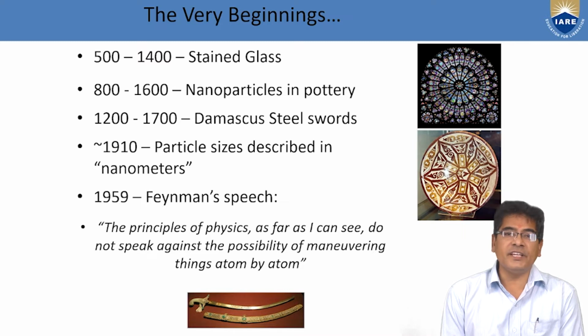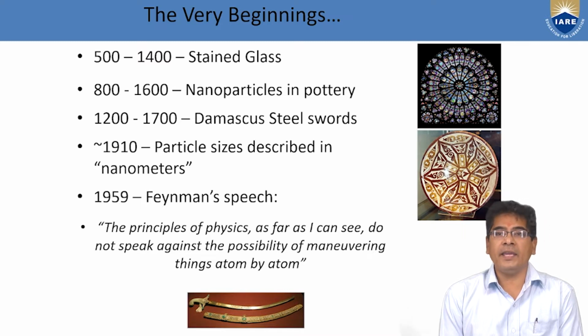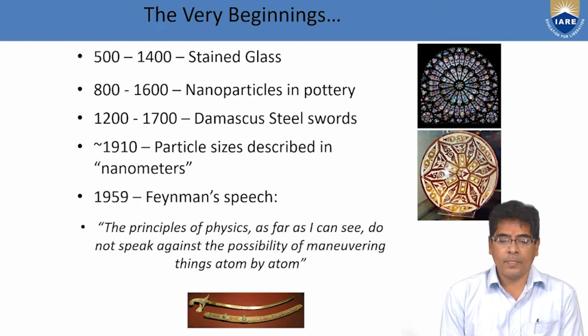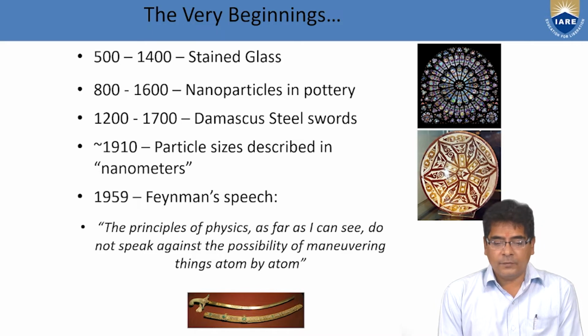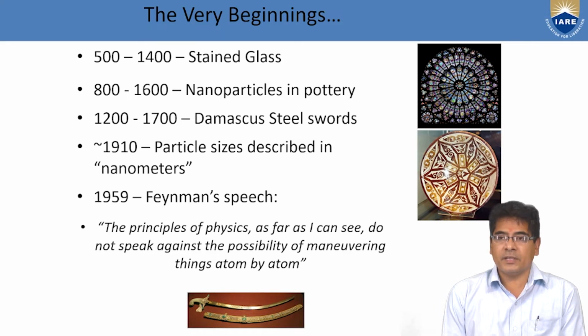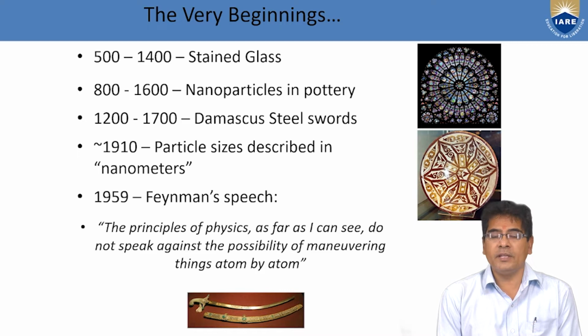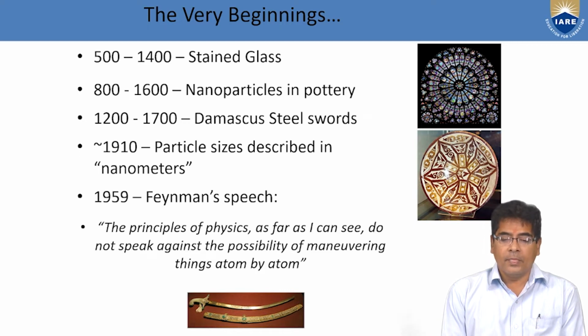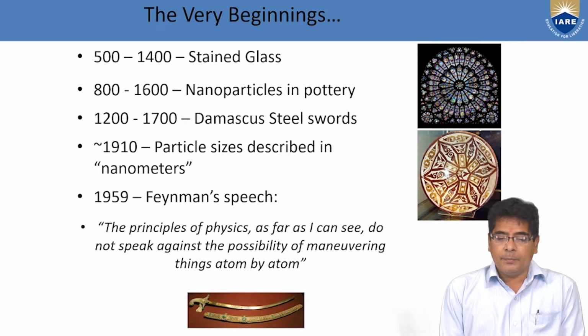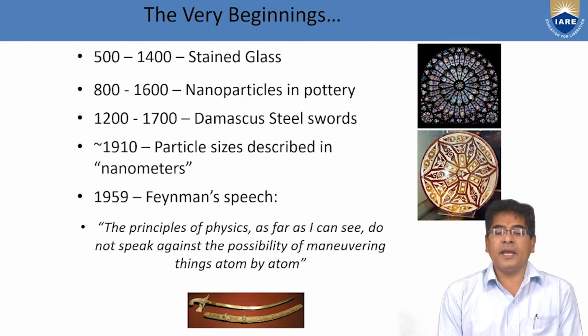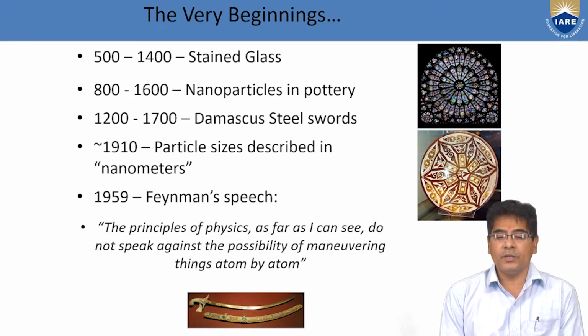The principles of physics, as far as I can see, do not speak against the possibility of maneuvering things atom by atom. So the concept of nanotechnology was given by Richard Feynman. In the 18th century, British scientists Thomas Wedgwood and Sir Humphrey Davy were able to produce images using nitrate and chloride, but their images were not permanent.